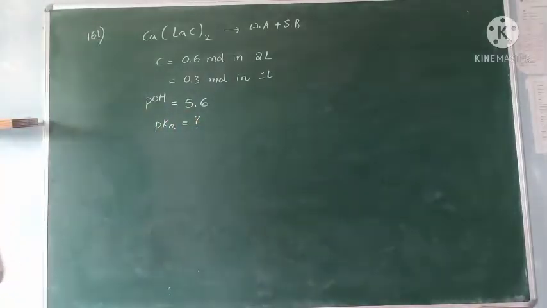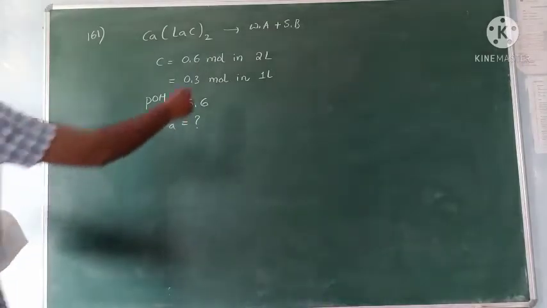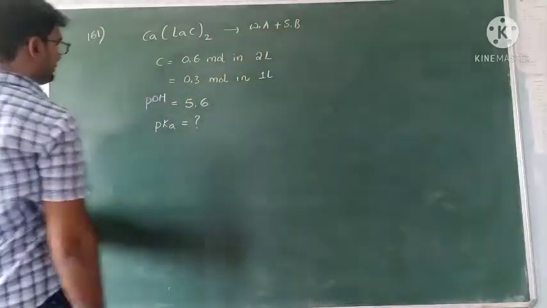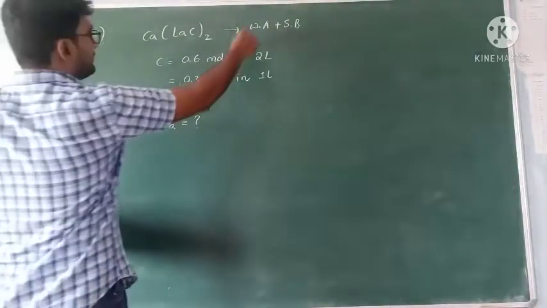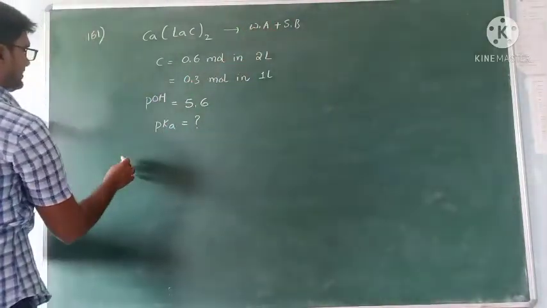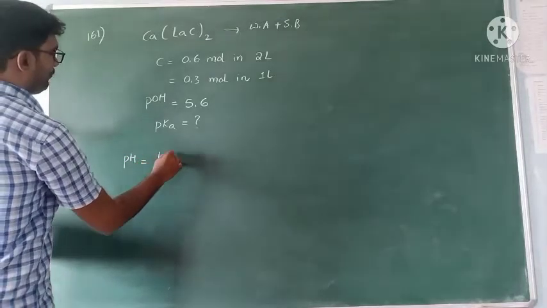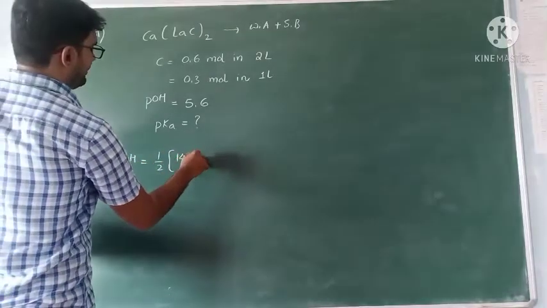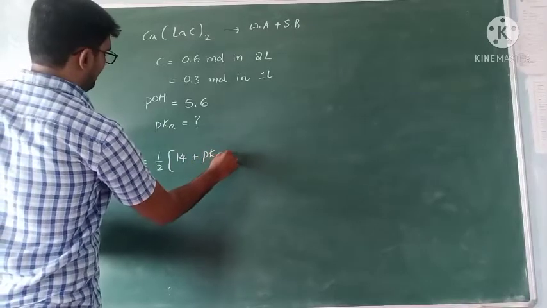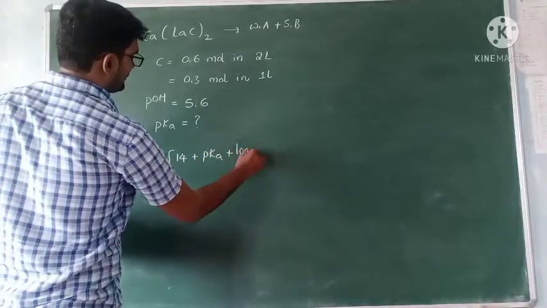Before going to the calculation, what type of salt is given here? Weak acid and strong base. For weak acid and strong base, what is the pH formula? pH is equal to 1 by 2 into (14 plus pKa plus log C).